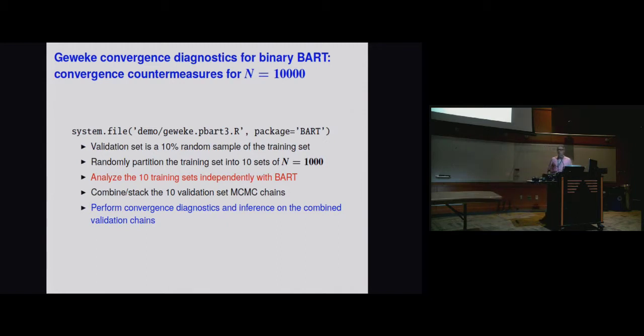I'm going to take some random samples of the data. I'm going to randomly partition it into 10 sets of size 1,000. I'm going to analyze the 10 training sets independently, and then I'm just going to combine the chains. And then I'm going to look at the convergence diagnostics.